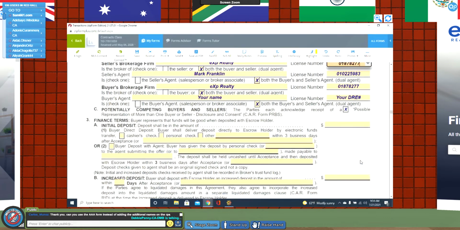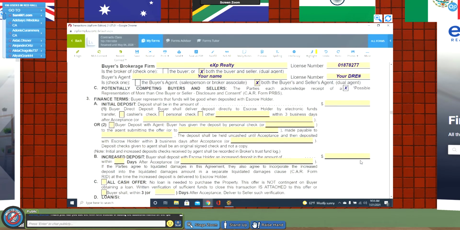All right, now, item C is going to be checked because the PRBS, the possible representation of more than one buyer or seller, is part of your RPA packet as well. You would have already had them sign that also. This is just confirming those things. Now we're going to get into the financing terms.